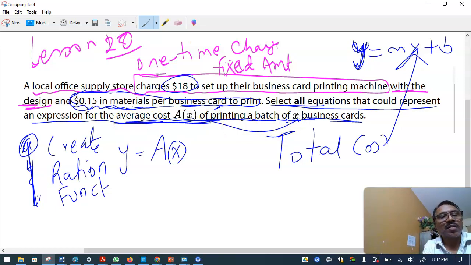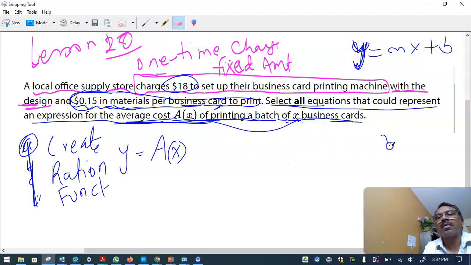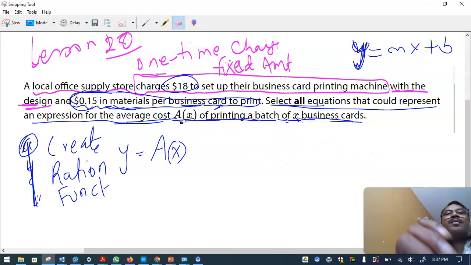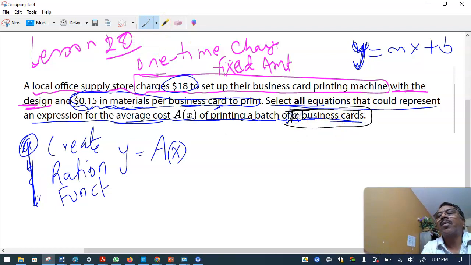So if there are x business cards, then what will be the average cost of those x cards? First of all, if x cards were printed, then what will be the actual total cost? Let's call this the total cost here.